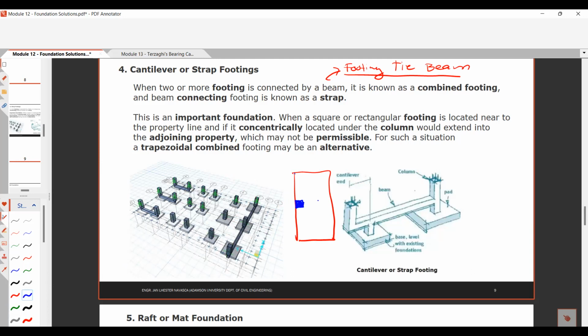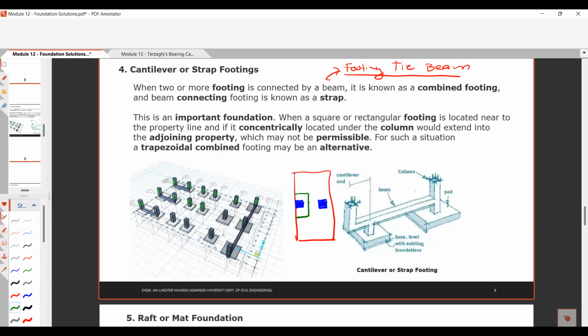And your other column is located at this one. Okay. So maximize here on the left property. You cannot create a foundation outside of your property line, or you will fight with the neighboring lot owner. So what happens to your foundation is that it can only extend up to here.